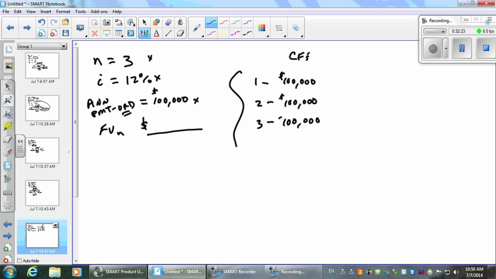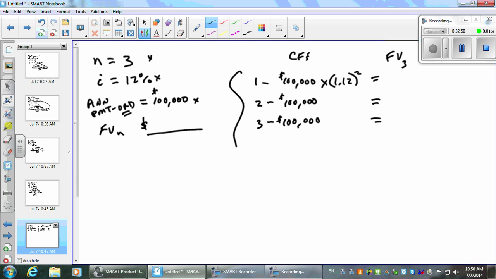If I was going to calculate the future value of these things, I want the future value at time 3 here. What would I do, you guys? This is easy, isn't it? This one I'm going to compound at 12% interest, 1 plus the interest rate, for how many periods? All right, put the money in at the end of the first year, and so again, I want to know what it's worth at the end of the third. 2 periods.